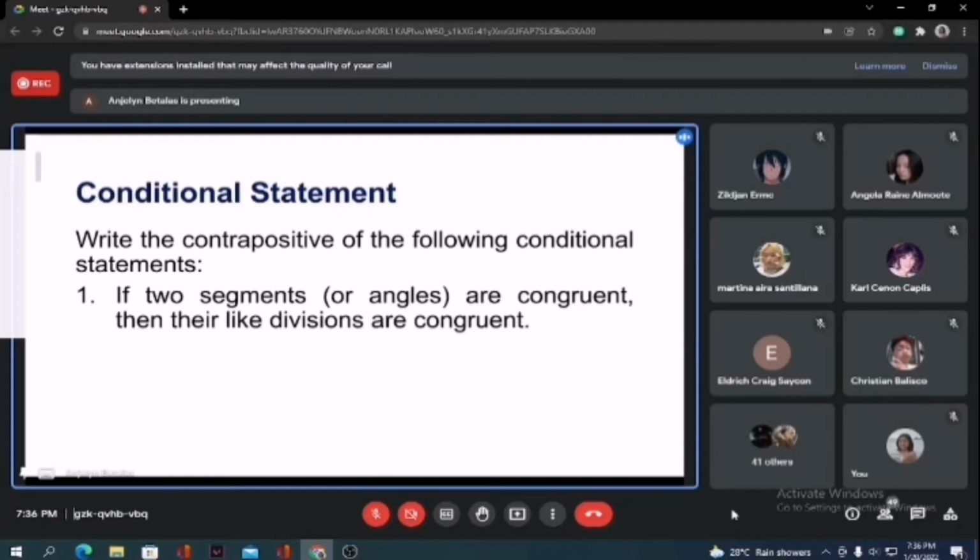Again, if the like divisions of the two segments or angles are not congruent, then they are not congruent. I'm referring to the segments.